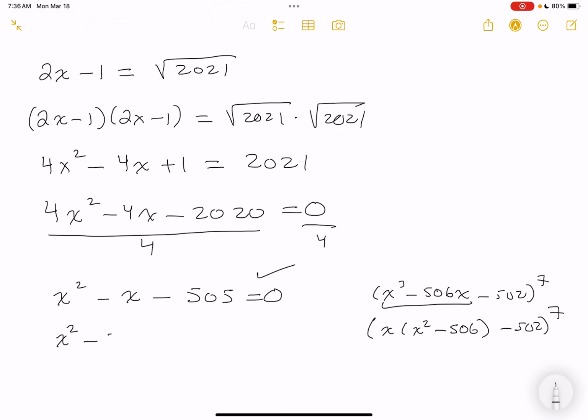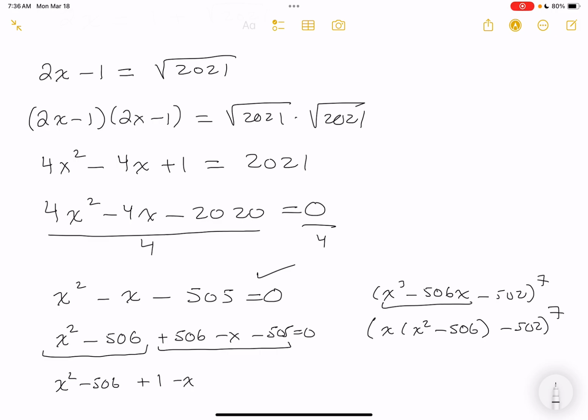I'm going to write down minus 506, and I'm going to put plus 506 minus x minus 505 equals 0. All right, so do I really get the same thing? It's more complicated, but I think so. I'm seeing this. And then, let me write this down. See, x squared minus 506, and this is going to be plus 1 minus x equals 0.